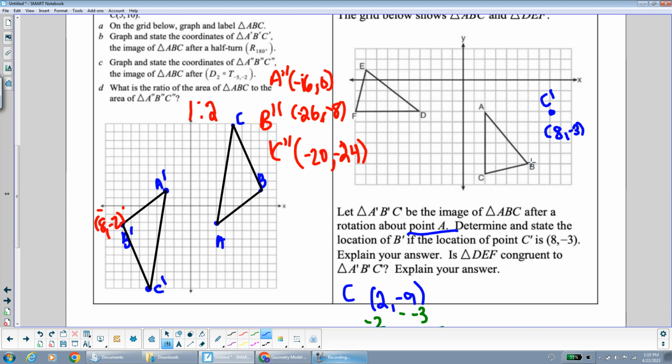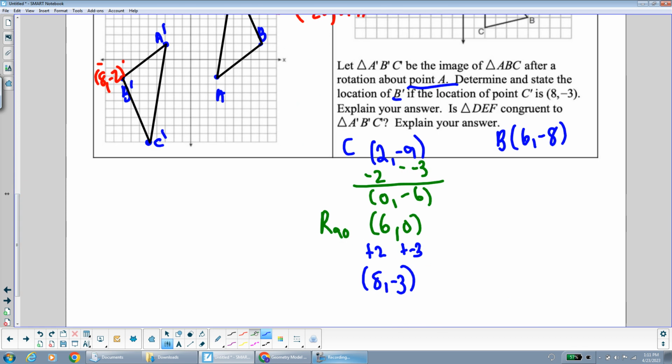I can do the same thing for point B to find point B prime, which is what the question's asking us, the location of B prime. So this is the point -1, 2, 3, 4, 5, 6, -8. So 6, -8. Same thing, we're going to subtract off the center of rotation, which was 2, -3.